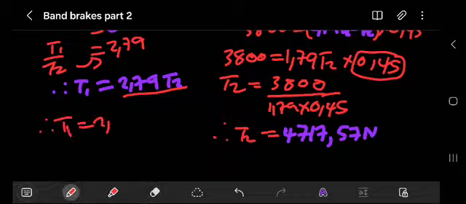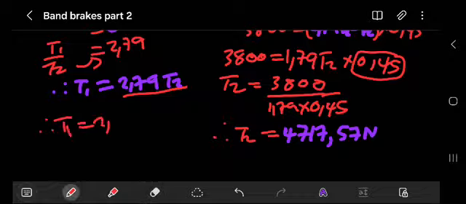Then we have T2 multiplied by this distance, which is 0.08. All right, then we've calculated the force, isn't it? We need the force actually. T1 we did calculate it. We found this to be 13162.